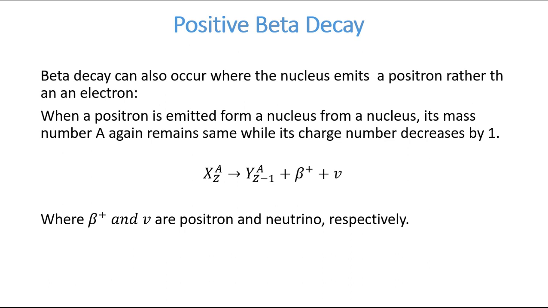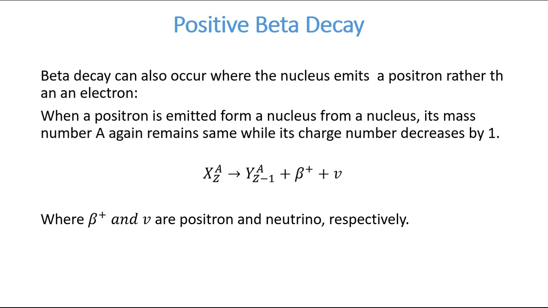The positron is the antiparticle of the electron, and due to this emission of the positron, we call this positive beta decay. We also have emission of a neutrino in this process. Again, the excess nucleons are converted into other nucleon species.